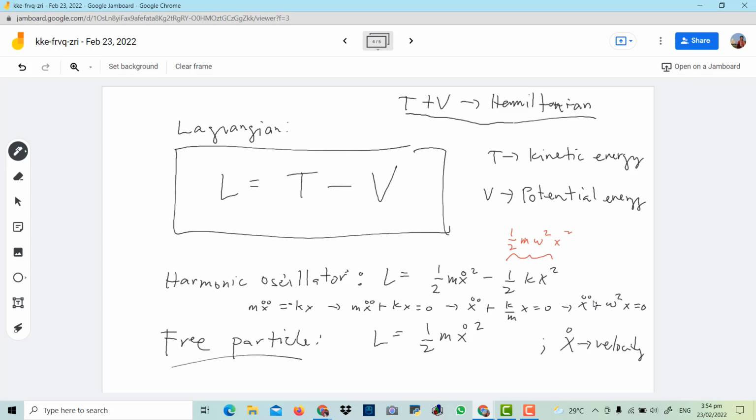Kani, you derive this one based from the concept of F equals ma. Sakto? But if I use Lagrange equation, if I use Lagrangian mechanics, first you need to establish what is the Lagrangian of the system. Okay? You need to get first the Lagrangian, and from that Lagrangian, using the Lagrange equation of motion, you will actually get this equation of motion of the harmonic oscillator.